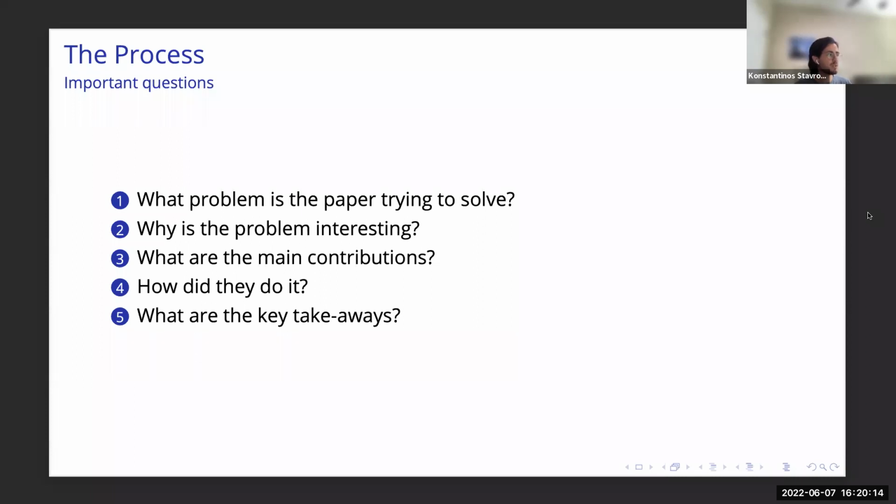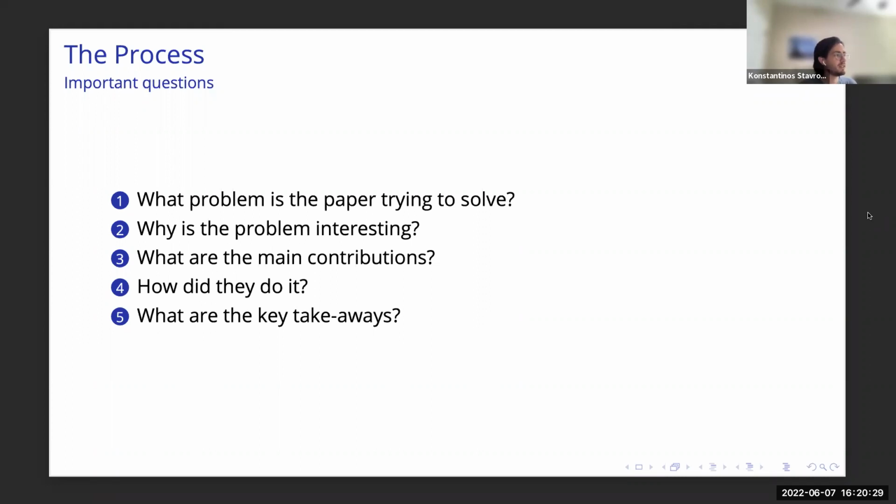These are 5 questions that Tim Roughgarden has proposed as the big questions that one should have in mind while reading a paper, that will help in the navigation.